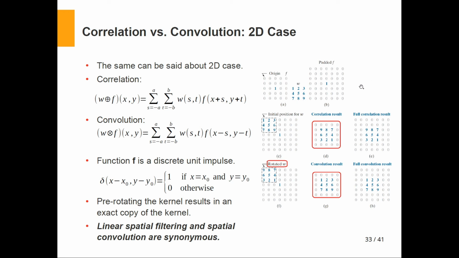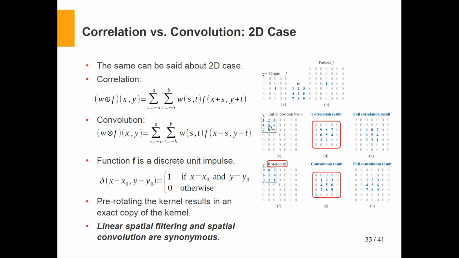In the previous case, we zero padded along the only one axis that we had, since it was a one-dimensional signal. But now, since it's two-dimensional, we zero padded both along the horizontal and vertical direction. For the correlation, again, we place the center of the kernel at the first pixel of the image, right?